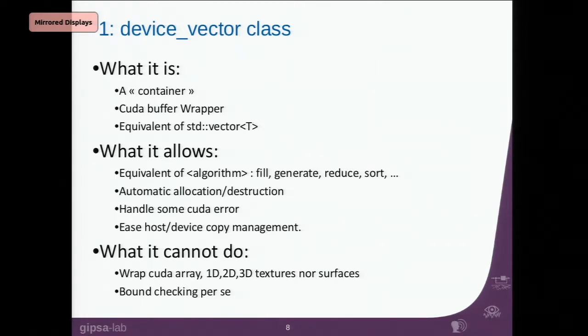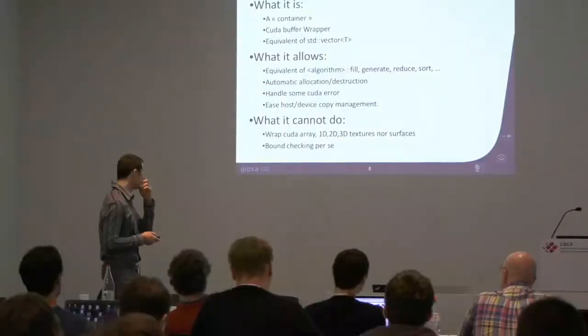It features some error handling mechanism. It's not perfect, but you have some error handling capabilities we will see after. It also has host-to-device copy management, somehow in a way that Sam managed to do with his wrapper you've seen already.